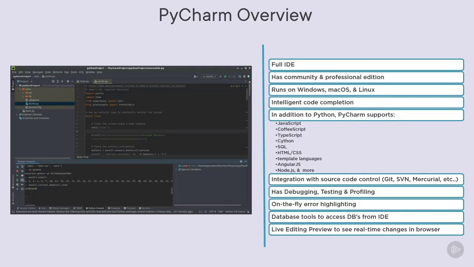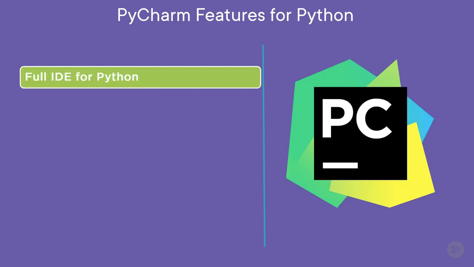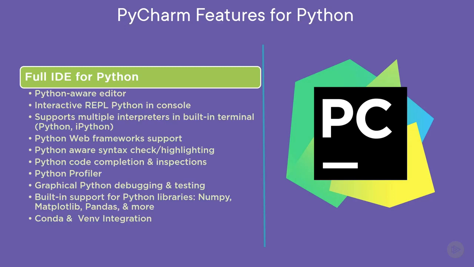Now let's talk about the features specifically for Python in PyCharm. And I will say that this is probably the best IDE out there for Python. It's going to give you a full set and full capabilities that you will be looking for in Python. Now, here's the list.